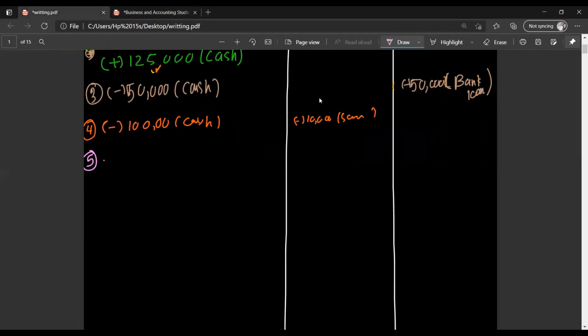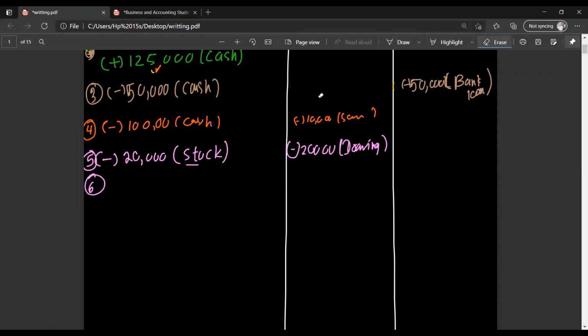Worth 20,000. 20,000 worth of goods means stock would be decreased by 20,000, and drawings would be decreased by 20,000, so you need to write down drawings. If she had withdrawn cash, you would need to mention it as cash, but here she has taken stock. Now you can fill in the rest, right?